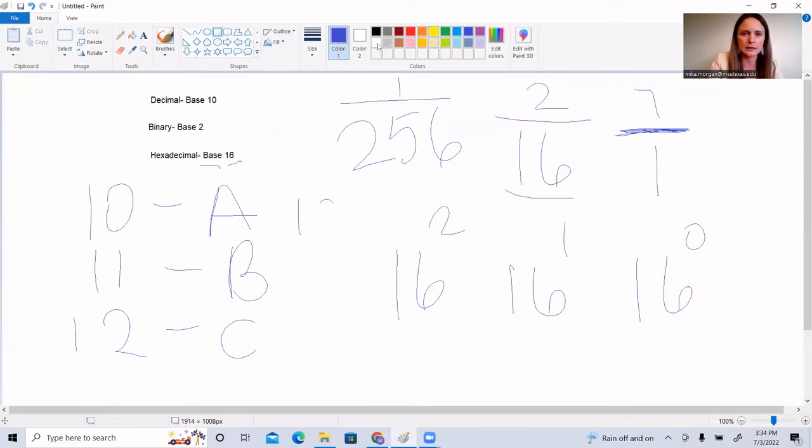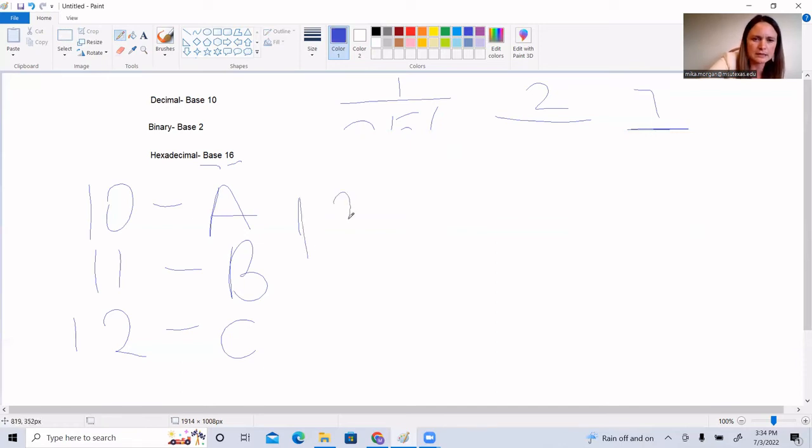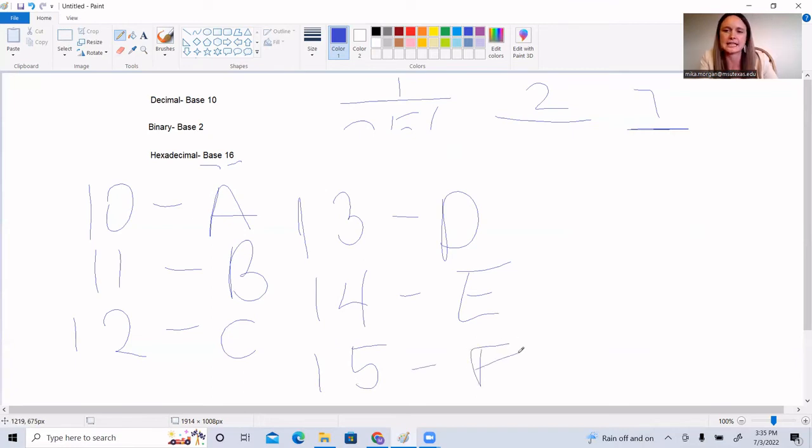So we'll say, okay, and then we can just go back to writing. A 13 is a D, 14 is an E, and 15 is an F. And I like to say that F is for full because that is the biggest that you can get.